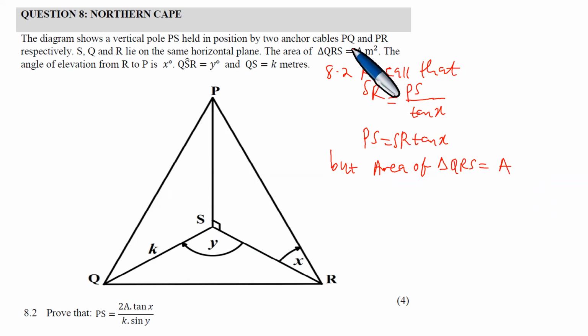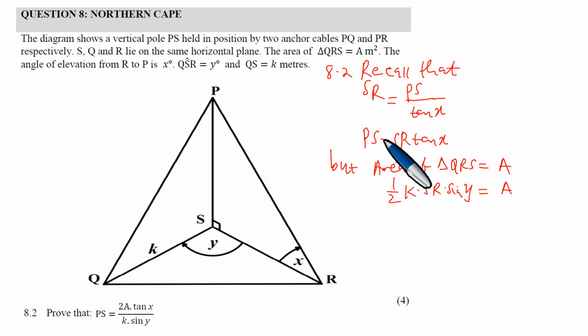So it is A m squared. Leave the units and deal with the numbers. But we already know that the area of triangle QRS is also 1/2 K times R times the sine of the included angle, which is Y, is equal to A, like this.